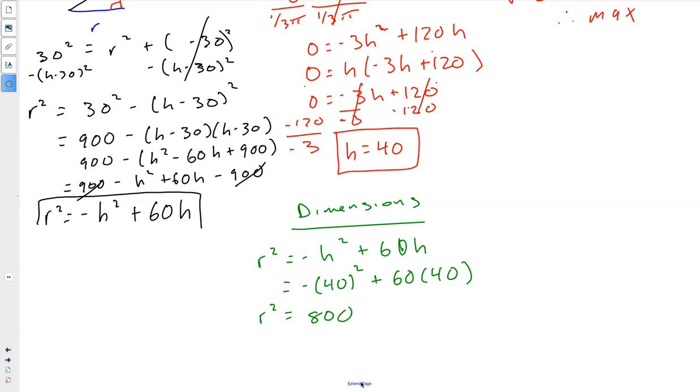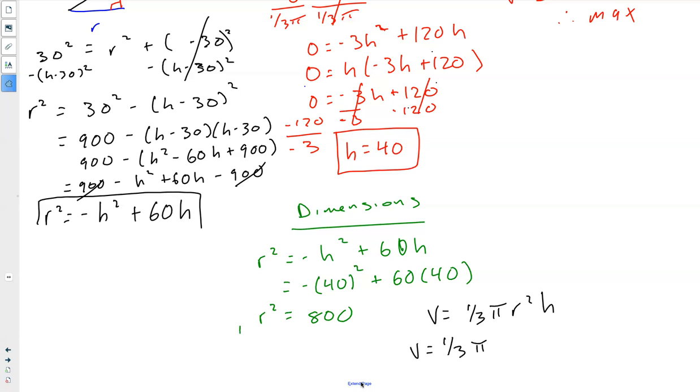So now we can substitute our r squared value into our volume formula. Okay, so volume is equal to 1/3 pi r squared h. Okay, we know our h, and now we know our r squared, so let's go ahead and find our max volume.